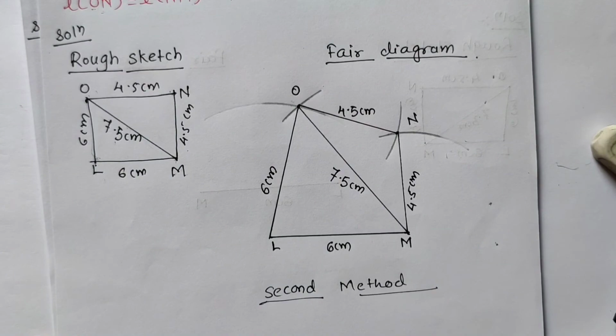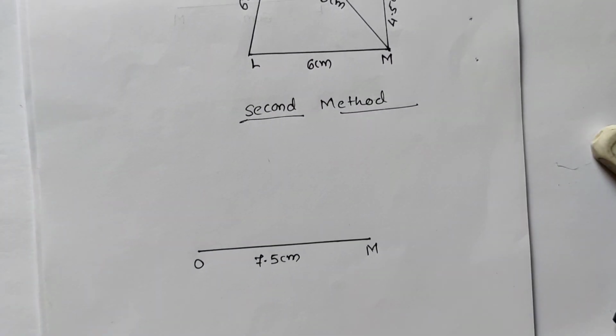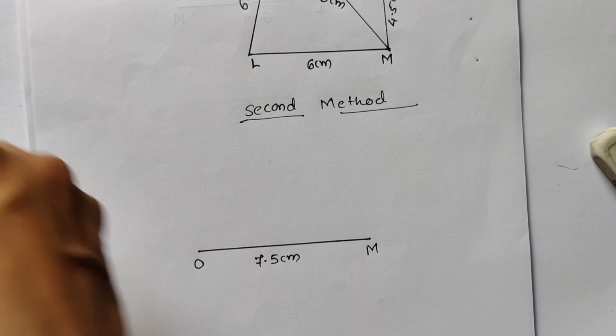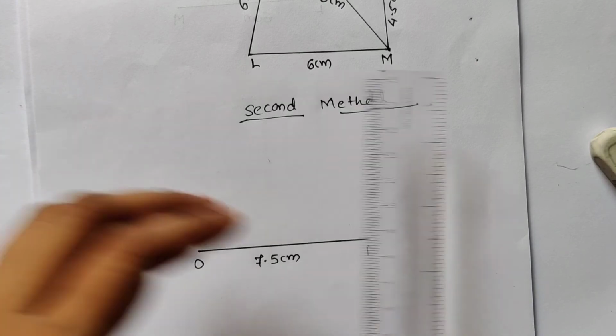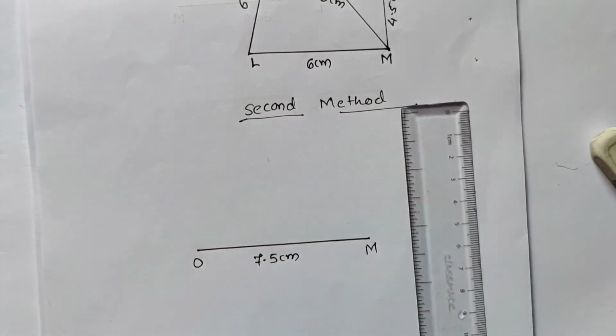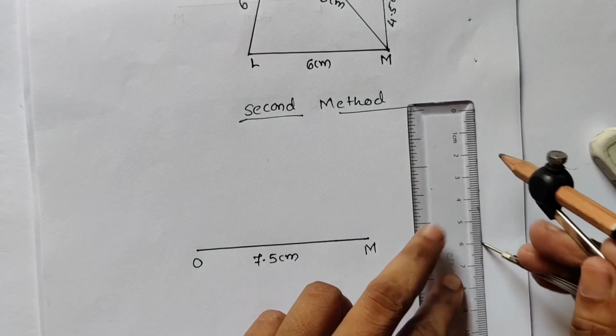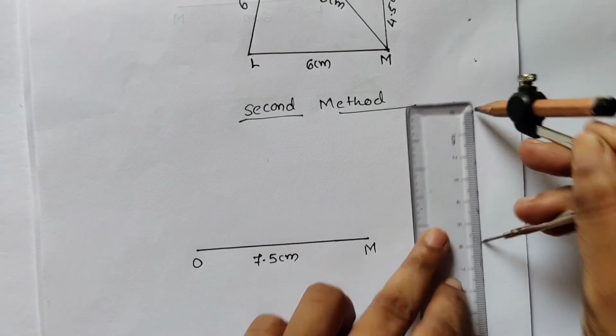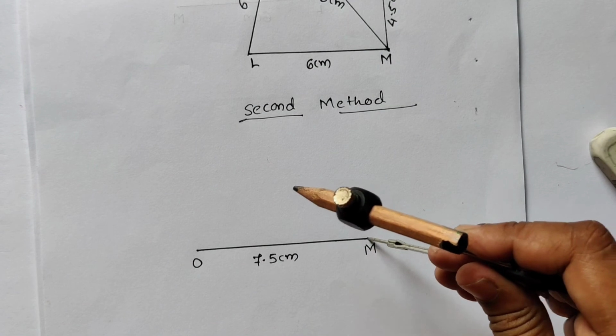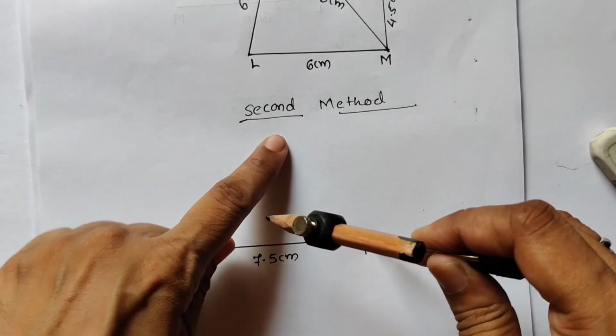So from O also I am going to draw 6 centimeter and from M also. So let us take 6 centimeter distance in the compass, from 6 to 0. Okay, from M also either you can draw upward direction or downward.